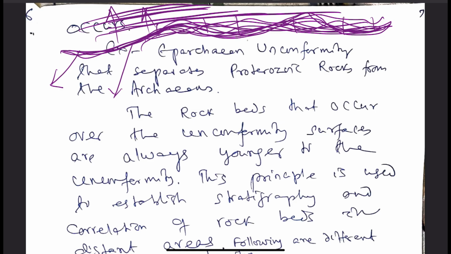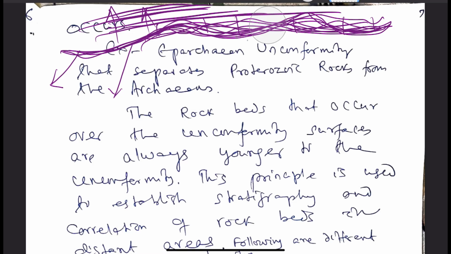The unconformities, as their origin involves a good deal of time, are very helpful in establishing the age of the rock types that occur over it or below it, and hence are very useful in determining the stratigraphic column or in building the stratigraphy.